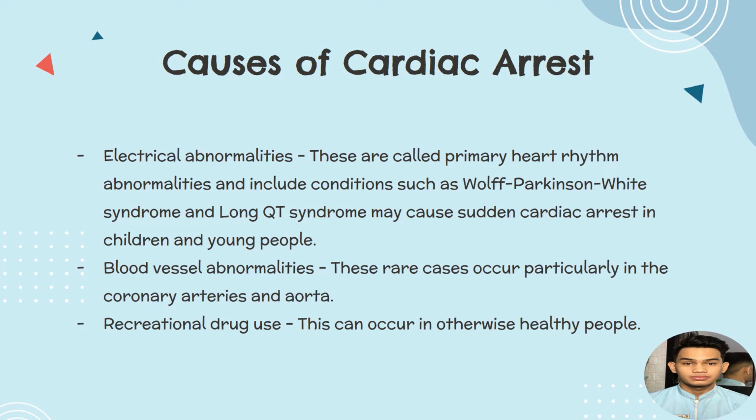And then we have blood vessel abnormalities. So these rare cases occur particularly in the coronary arteries and aorta. Adrenaline released during intense physical activity can trigger sudden cardiac arrest when these abnormalities are present.